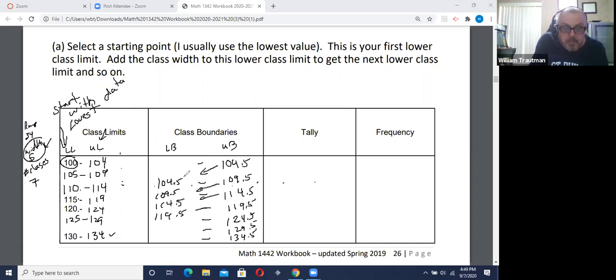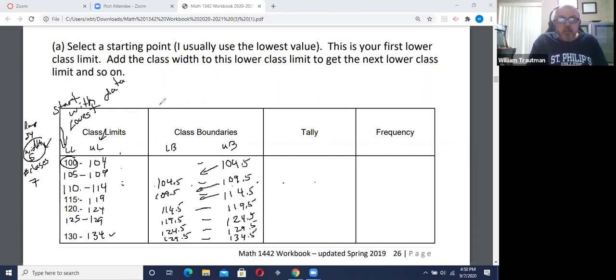My lines are off. So 114.5, then 119.5, 124.5, 129.5, and then we have 134.5.